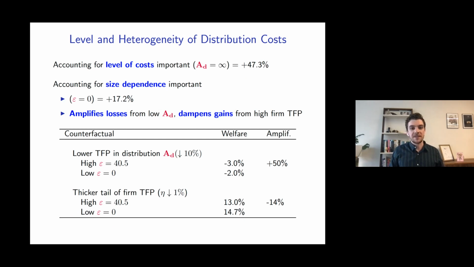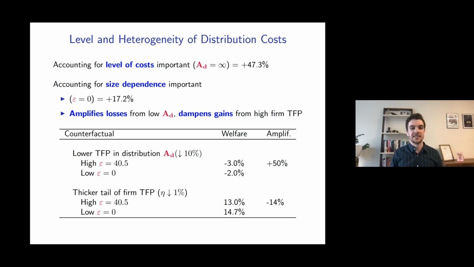What's also important about the size dependence is that it amplifies the losses from low productivity in the distribution sector, and can also dampen the gains from improvements in productivity. We look at this by considering the aggregate impact of a decline in the TFP in distribution.